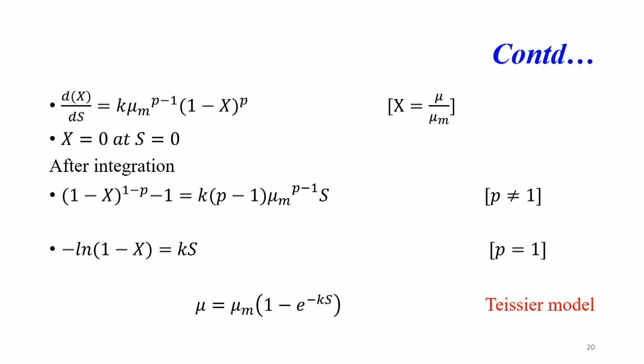So, we can write dx divided by (1 minus x) to the power p equals k mu max to the power p minus 1 ds.